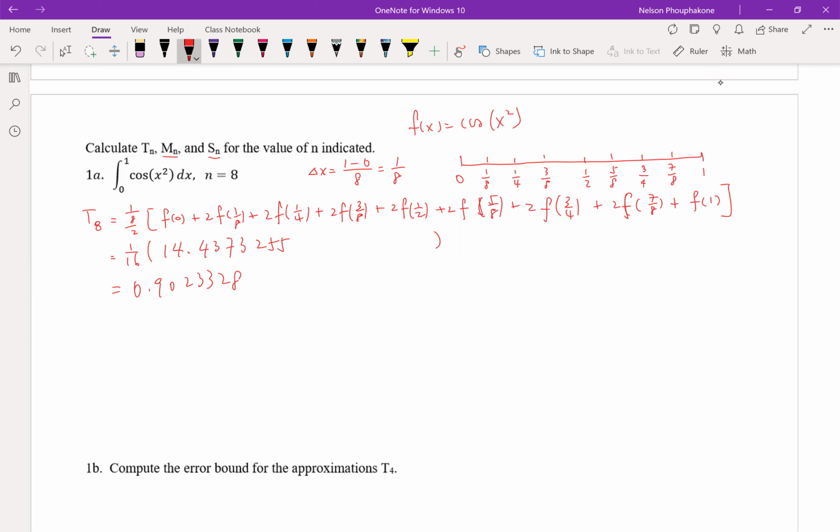Okay, so then how about M sub 8? Okay, so again, it will be 1/8.